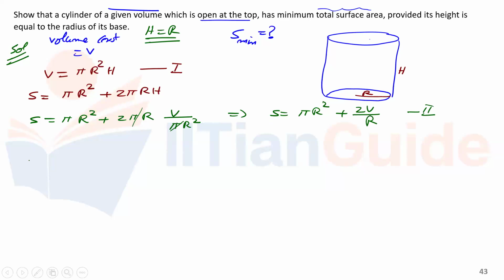Now I have got surface area as a function of R. I will differentiate it, calculate dS by dR, make it 0. When you make it 0, you will get the value of R in terms of V. Just do it, complete the question. जल्दी करिए. R की वैल्यू V के टर्म्स में आ जाएगी. कंप्लीट इट, जल्दी करिए.